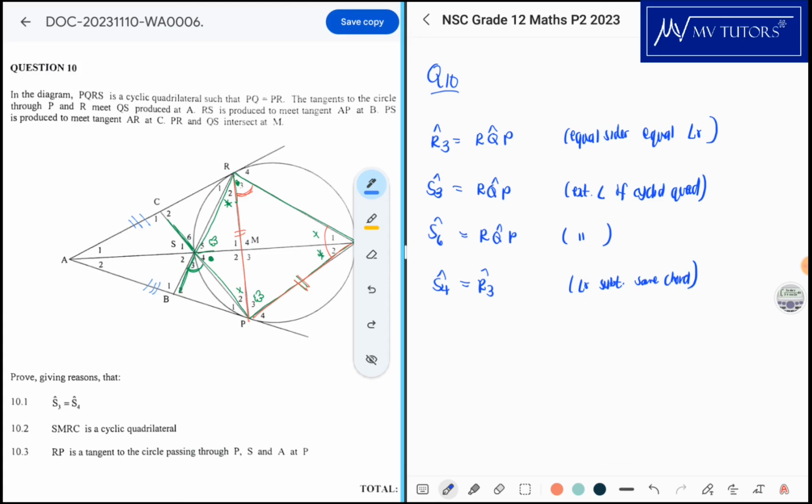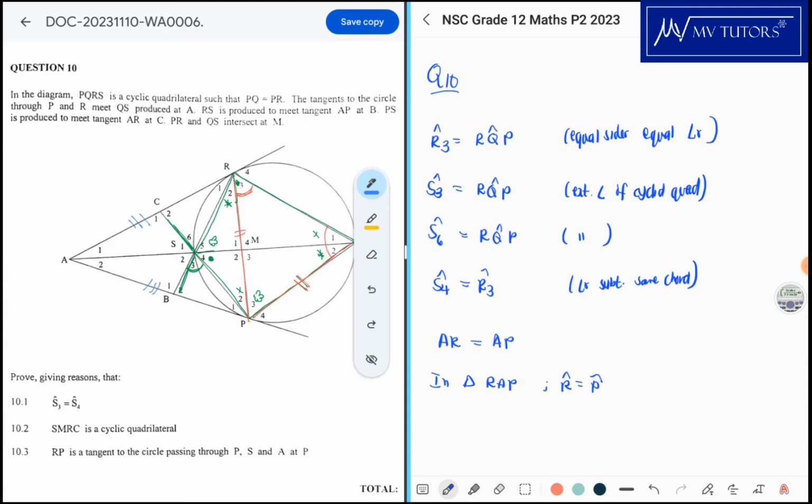And also, if I look at triangle RAP, AR is going to be equal to AP. I'll deal with the reasons later. And I know that R1 plus R2, so again in triangle RAP, I know that R is equal to P, because now we have an isosceles triangle.